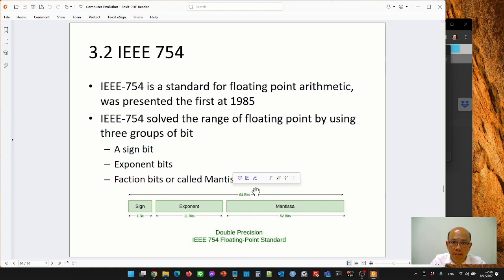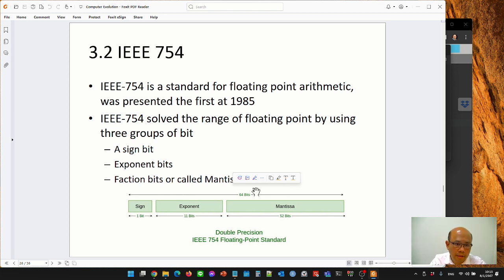So the IEEE defined a standard for converting from binary to floating point, called the IEEE 754 standard. It was first introduced in 1985 and is still used in computer systems today.